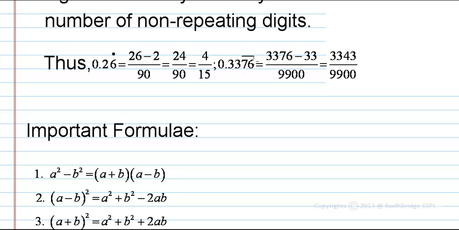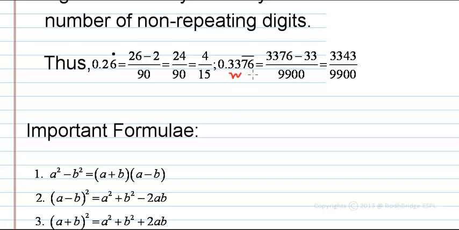0.3376, where 76 is indicated with a bar. After the decimal point, first you take the whole value, that is 3376, minus only the two values, that is 33, which are not repeated. So 3376 minus 33, divided by, in the denominator, two values are recurring and two values are non-recurring.